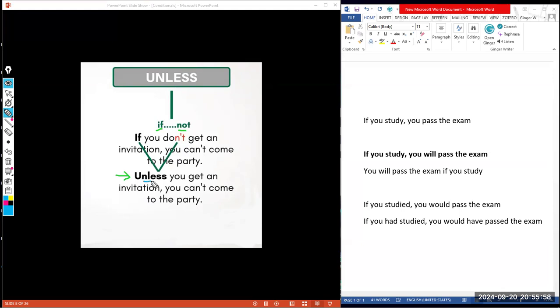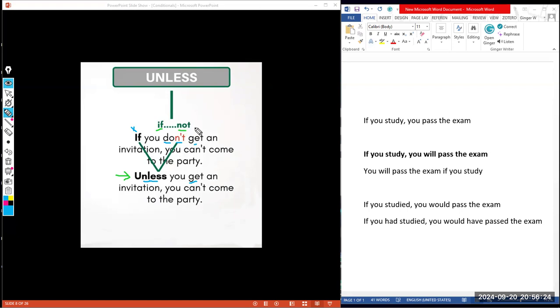So notice that unless you get an invitation, you can't come to the party. Because I want to use unless, I have to delete if plus not, or if plus negative. So notice, unless you get, not you don't. Keep in mind that I used the verb to do because I'm talking about the negative in the simple present.